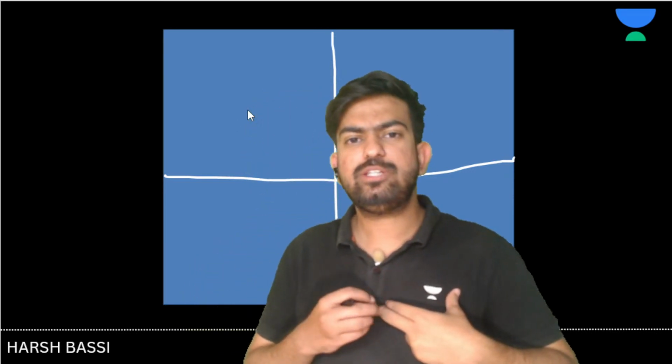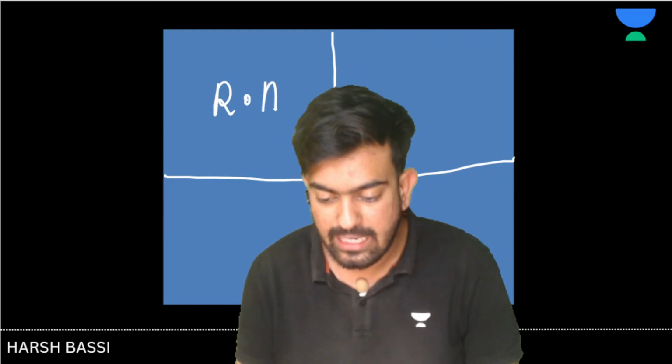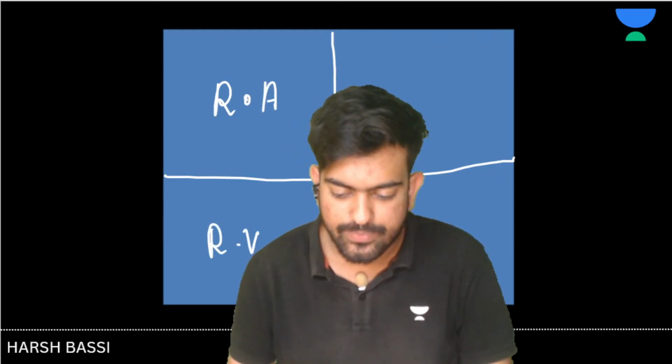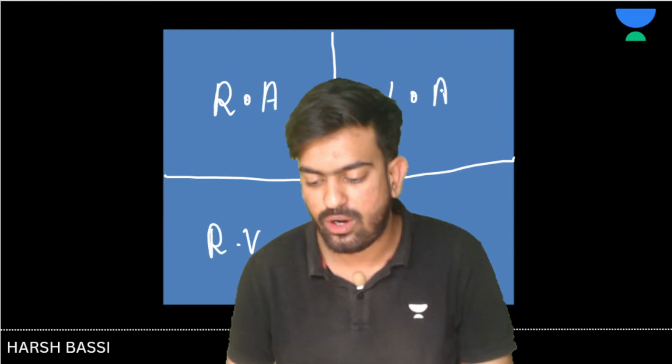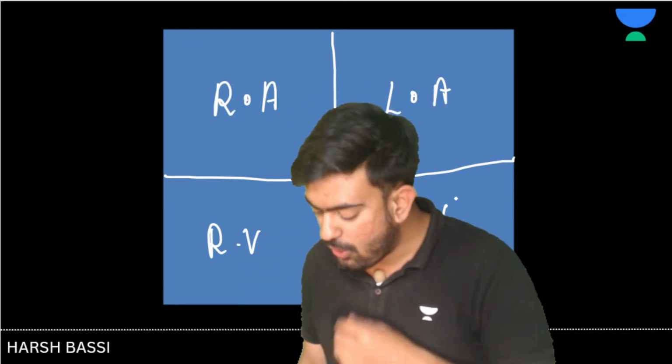We are taking out your heart like this and observing it like this. Suppose that this is your right part. But when you take your heart and keep it like this, this becomes the right part. So here we have right auricle and right ventricle, and here we have left auricle and left ventricle.